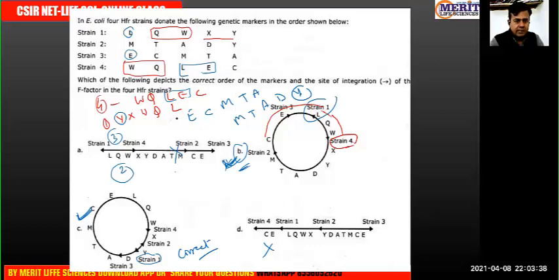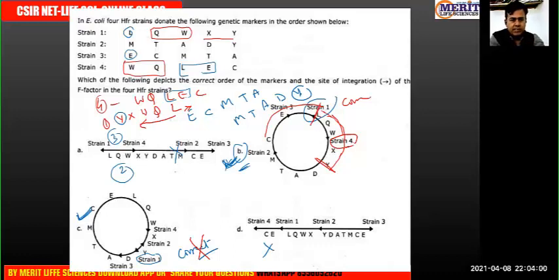Start with the L. Yes, this was no. Start with the L, the arrow should be like this. Yes, this is correct. This is wrong, right? LQWX, up to here it is done. Okay, the point is caught.